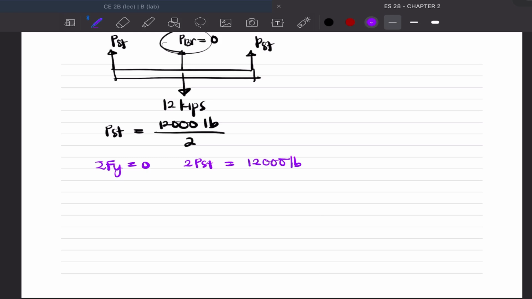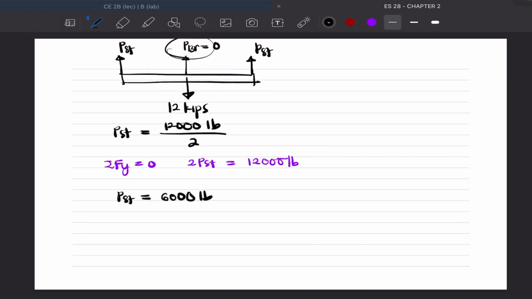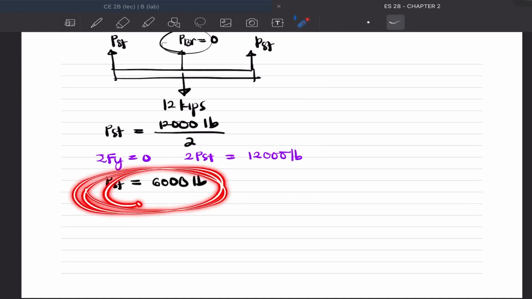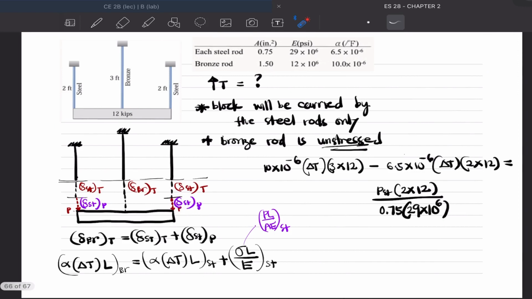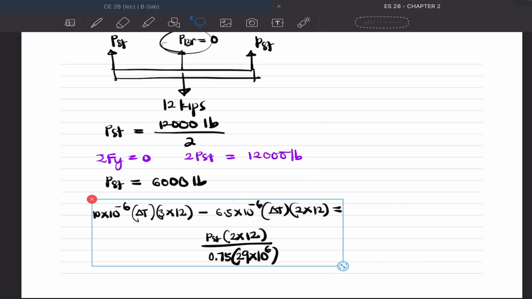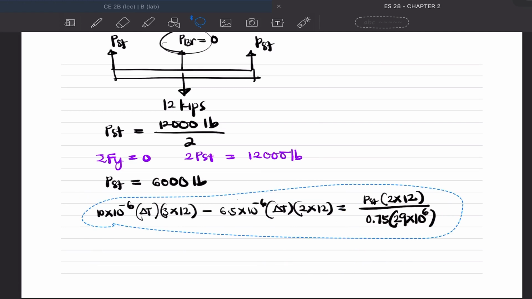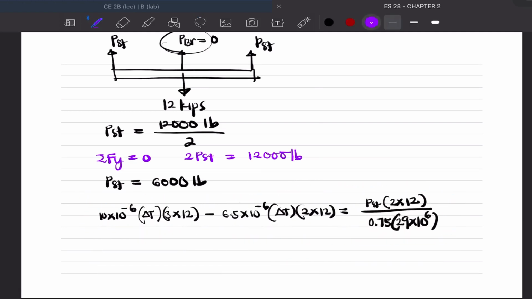Therefore, P steel is equal to 12,000 divided by 2, or 6,000 pounds each carried by the two steel rods. So, this value of the load on the steel, we substitute into our previous equation, substituting the P of the steel rod here.